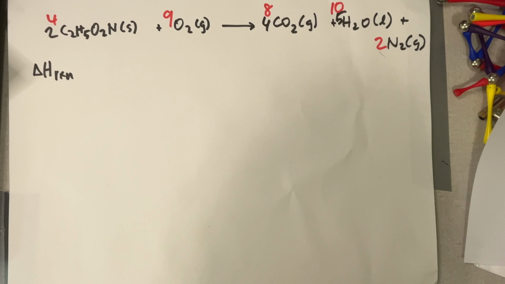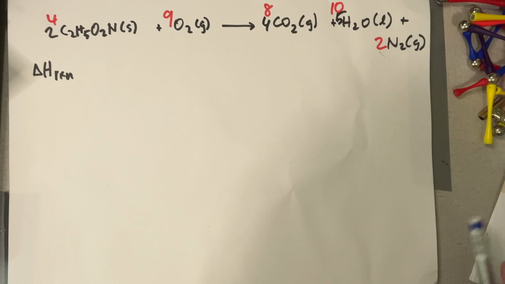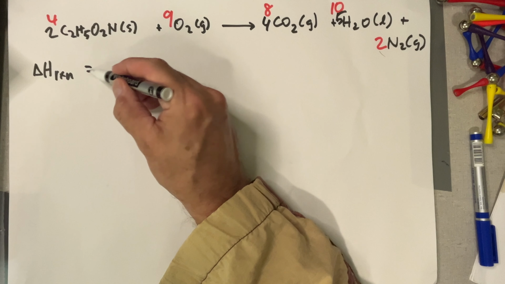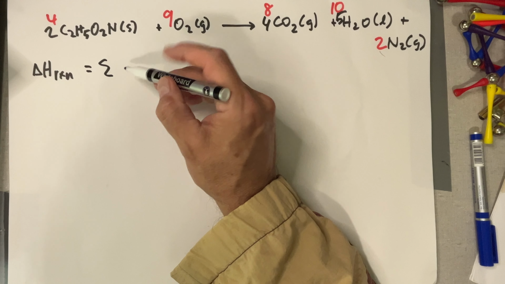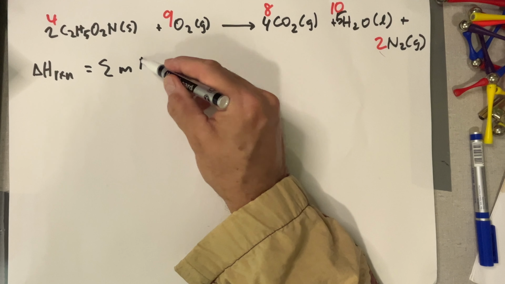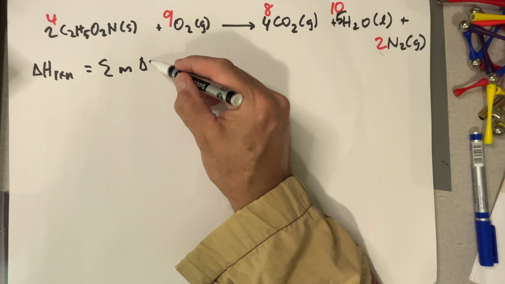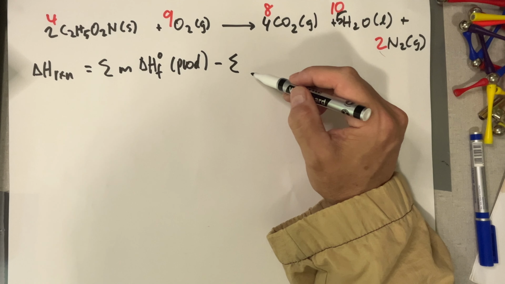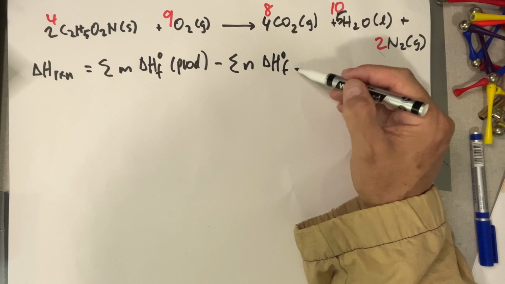Right, so with all of that out of the way, we can start to make a calculation. The first thing one typically wants to do is to write down the general reaction. That is basically the sum, designated by this epsilon, of the coefficients of the standard formation enthalpy of the products minus the sum of the coefficients of the reactants.